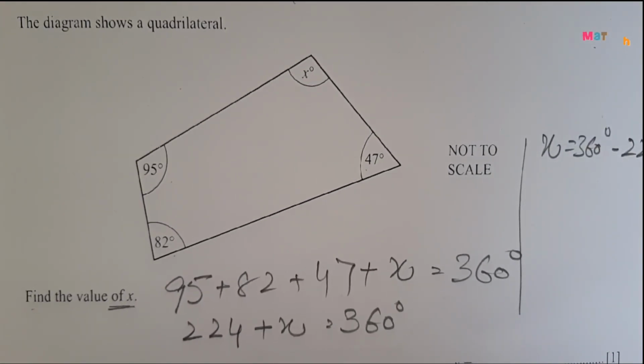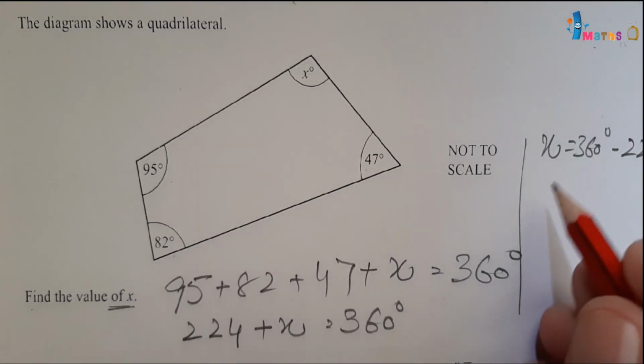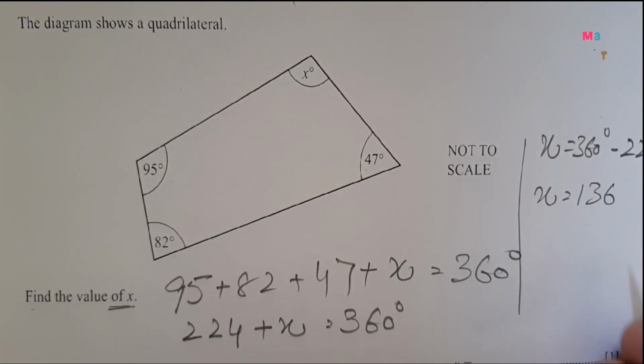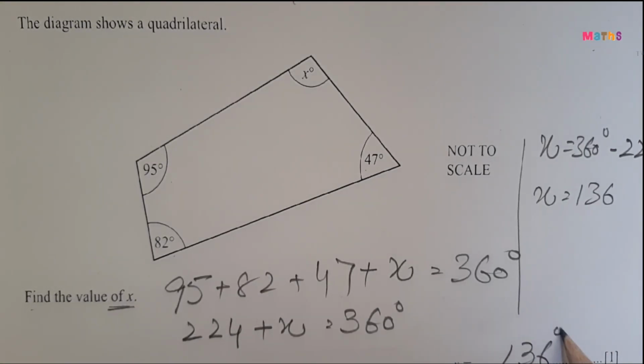So we calculate 360 minus 224. This will be equal to 136. So our answer will be 136 degrees.